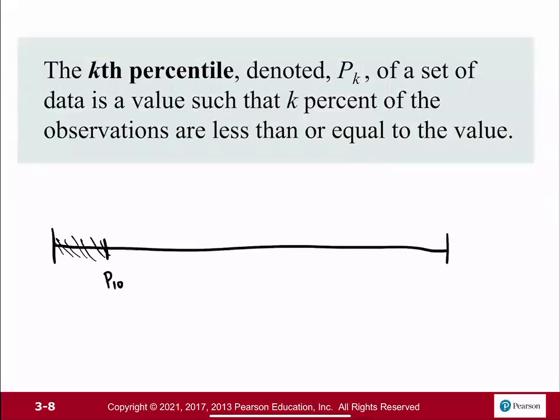When we're looking at P sub k, we're looking at just that bottom k%. Whenever we talk about P sub 90, the 90th percentile, we're saying that 90% of the data falls below that value. The top 10% will fall on the opposite side.